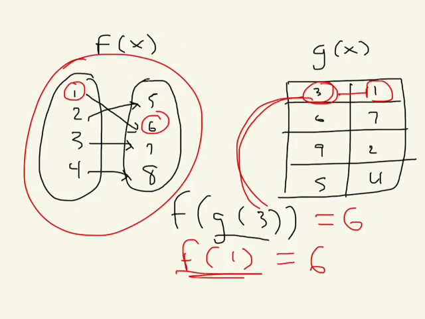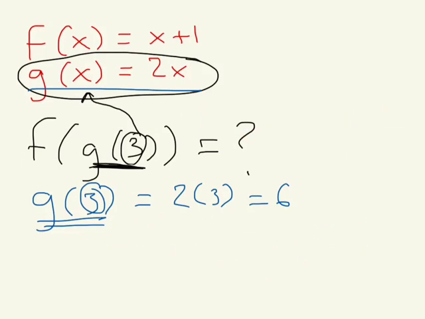And just like over here, when we found g of 3, we then went to the f table, and we rewrote this as f of 1. We're going to do the same thing for the equation. For this equation, we said g of 3 is equal to 6, so we rewrite this as f of 6.